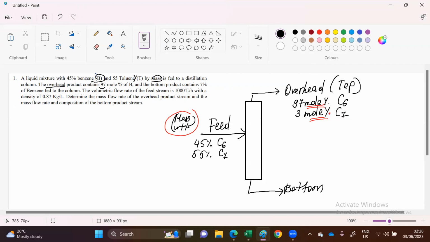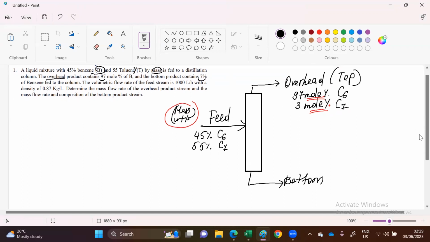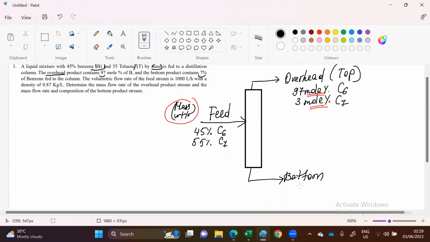Next, the bottom product contains 7% of the benzene fed to the column. Okay, it said that again. Bottom product, the C6 is equal to what? 7% of the benzene fed to the column. So in the feed, we have feed multiplied by 0.45.